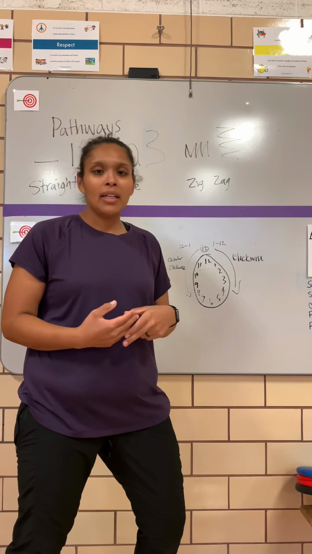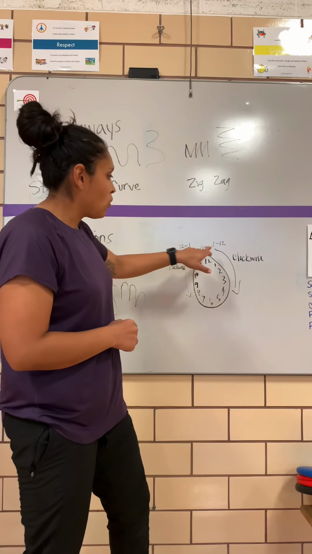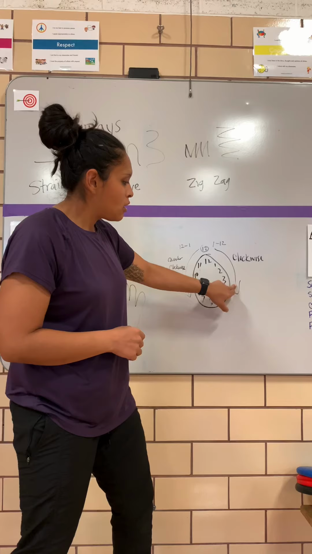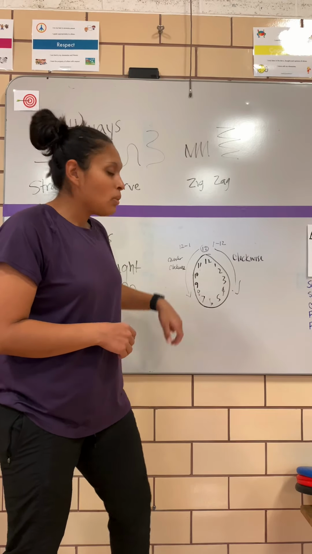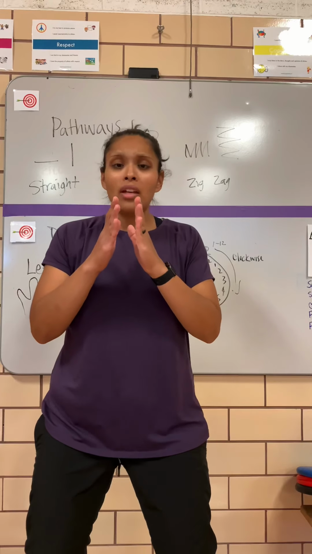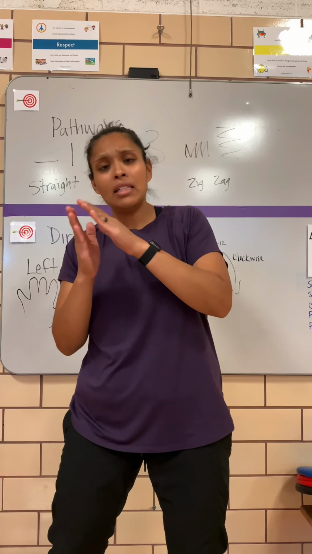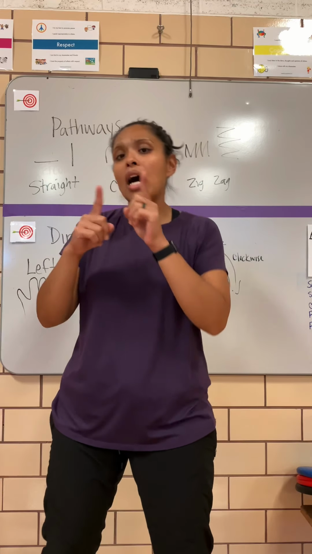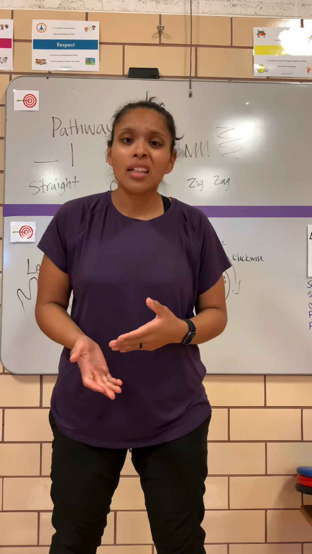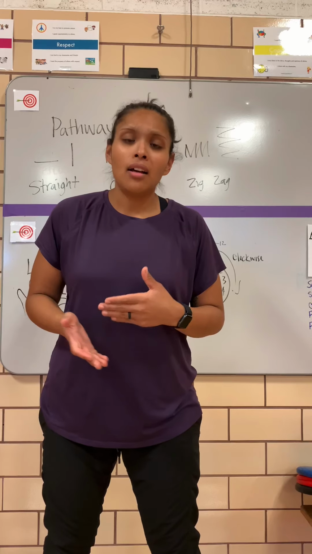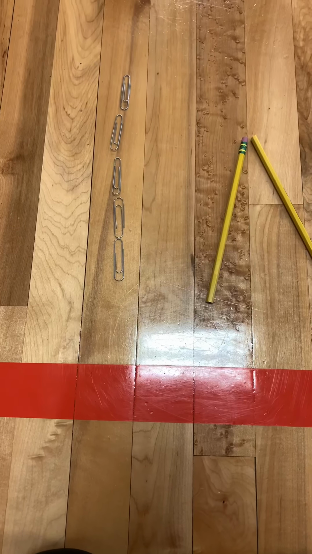You're starting basically at 1 and increasing. So you're going clockwise and it goes this way around the clock, okay? Counterclockwise would mean you're starting at 12 and you're going 11, 10, 9. You're going the opposite direction, okay? And I'm gonna show you what that looks like in just a few seconds of the way we move, okay?